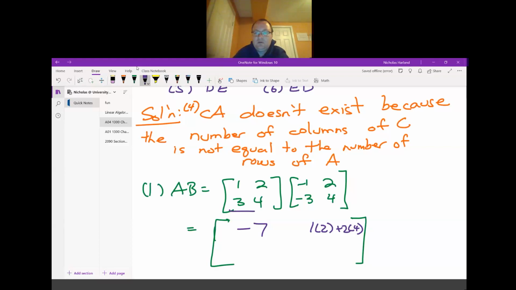Second row times first column. What do we get for second row, first column? 3 times -1 plus 4 times -3, which is -15. That's right.